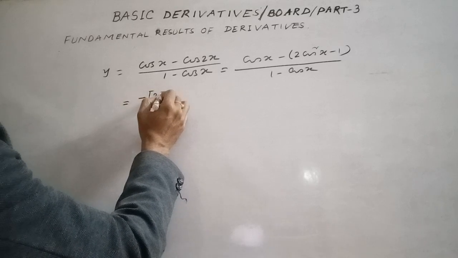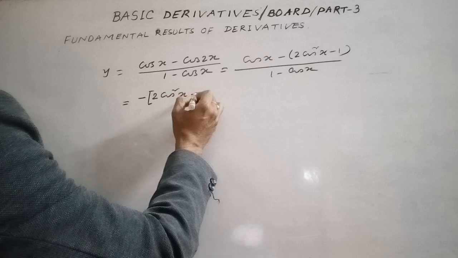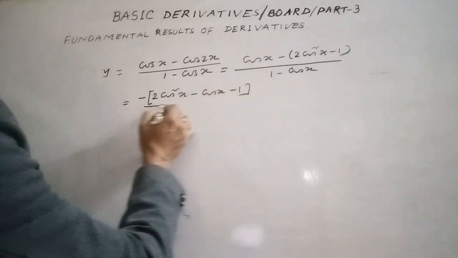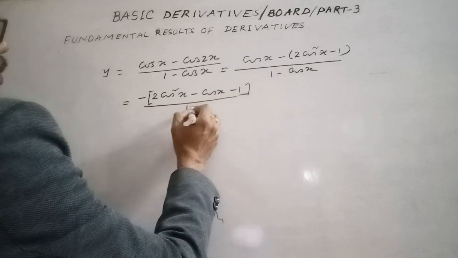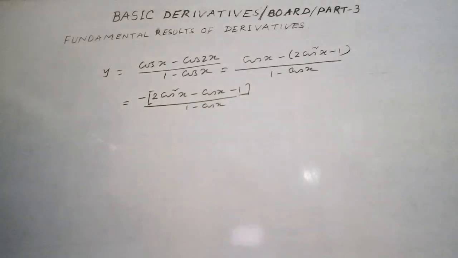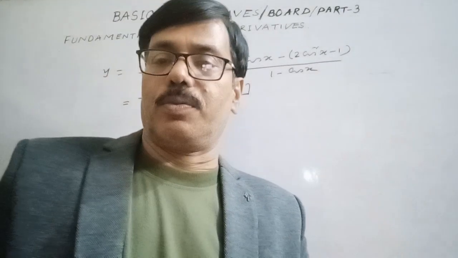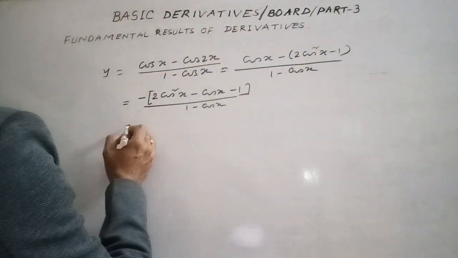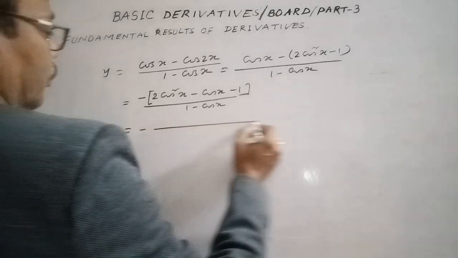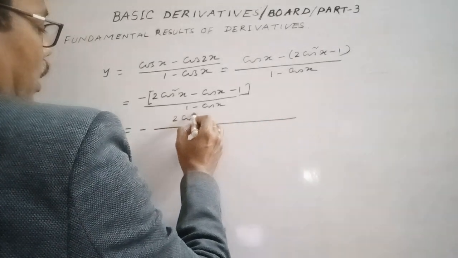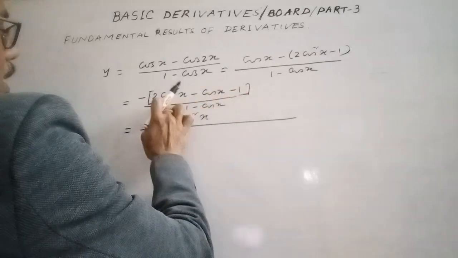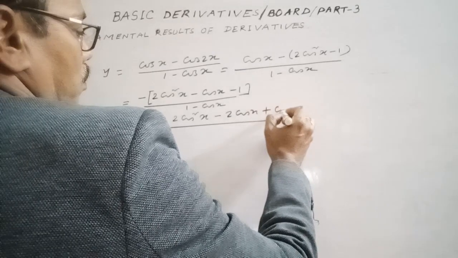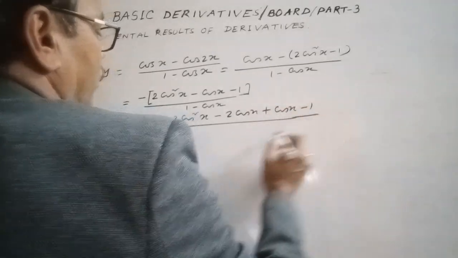common, 2 cos square x minus cos x minus 1 by 1 minus cos x. So it is a quadratic function of cos x. So 2 cos square x, product is minus 2 cos square x. So minus 2 cos x plus cos x minus 1.